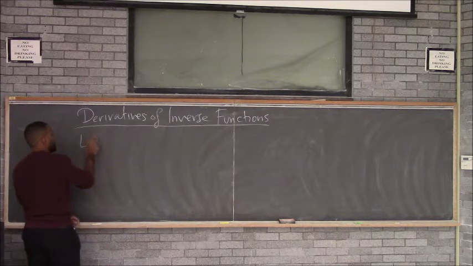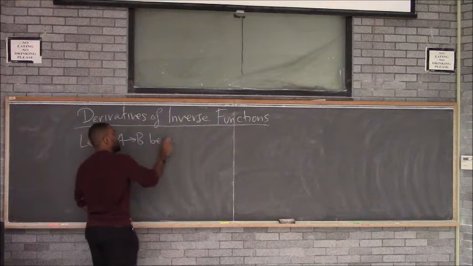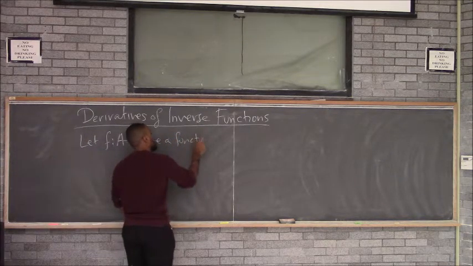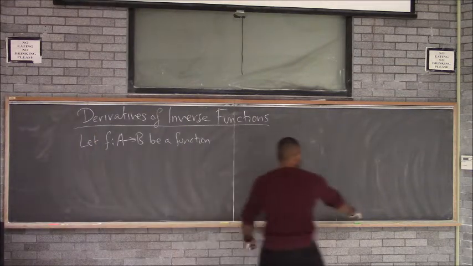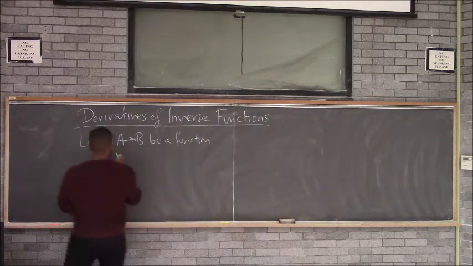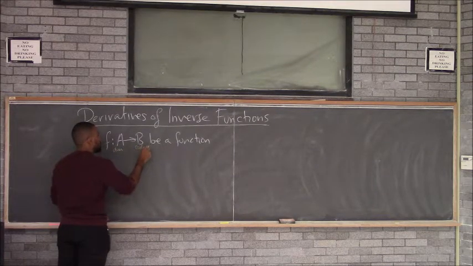So let f from A to B be a function. That's just notation I am talking about here. A is representing the domain of the function, and B is representing the codomain of the function.